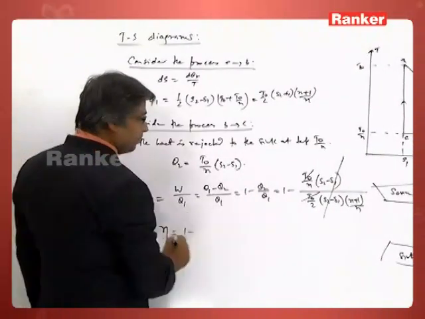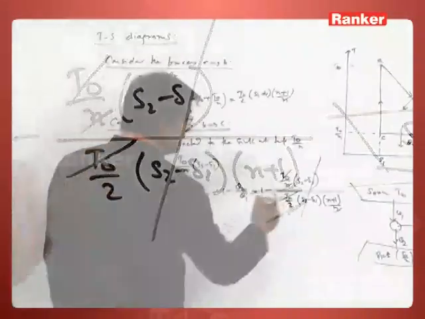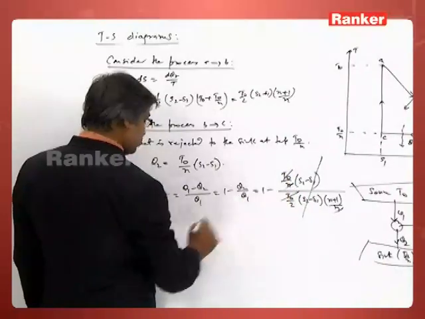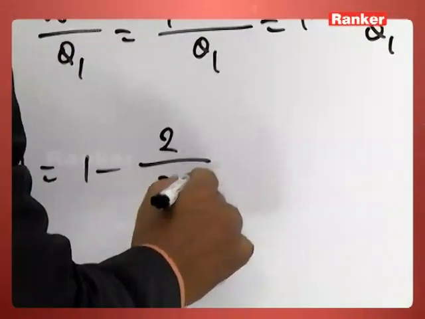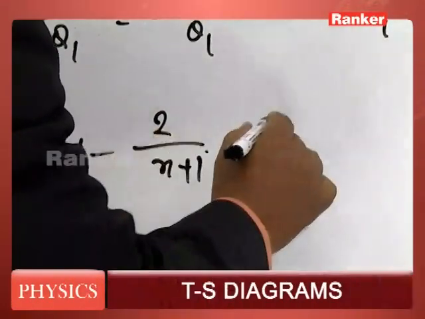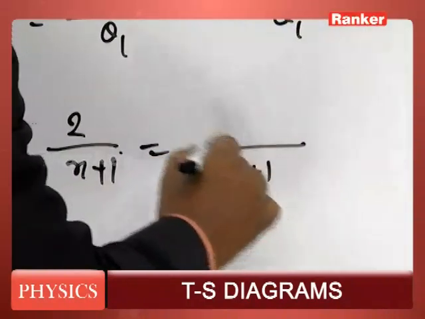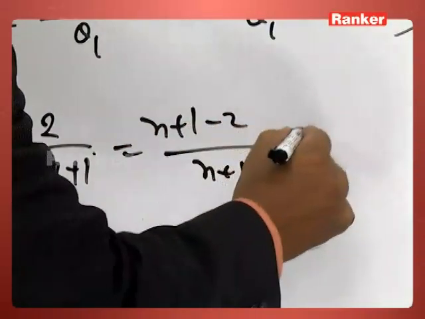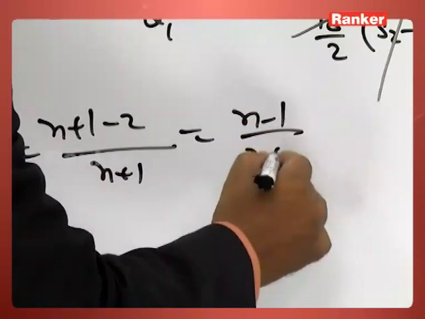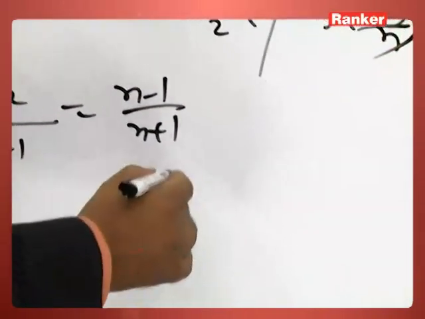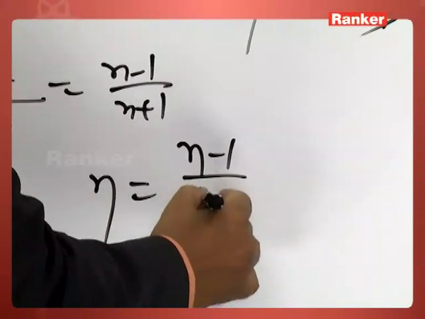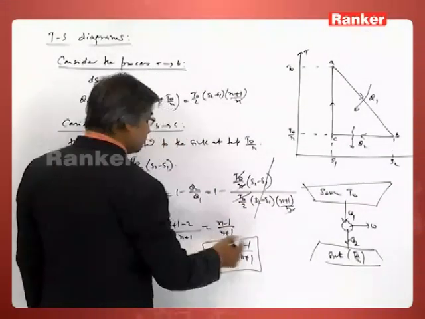Efficiency is equal to 1 minus, this 1 by N cancels out, 1 by 2 goes this way, 2 by N plus 1, that is equal to N plus 1 minus 2 over N plus 1, that is N minus 1 by N plus 1. So we have the efficiency of this process as N minus 1 by N plus 1.